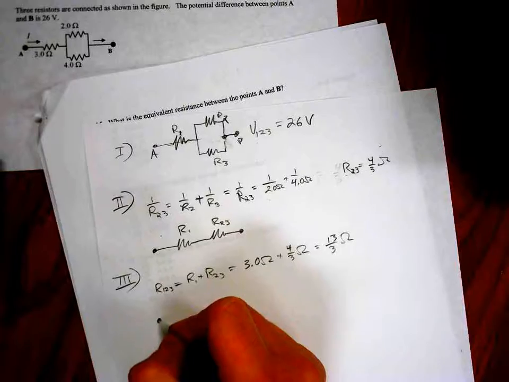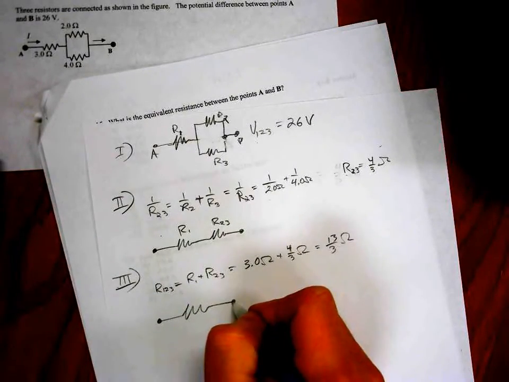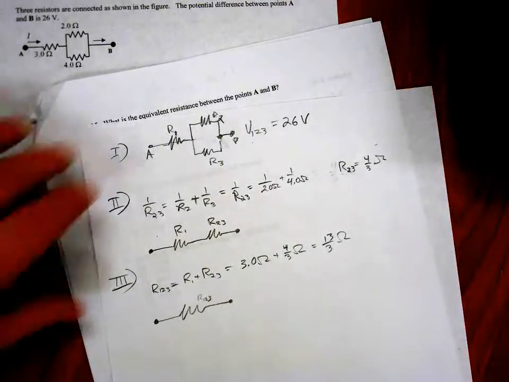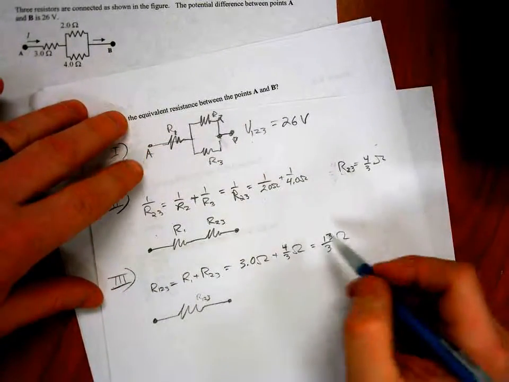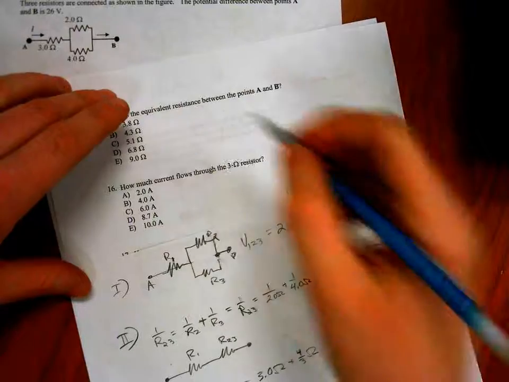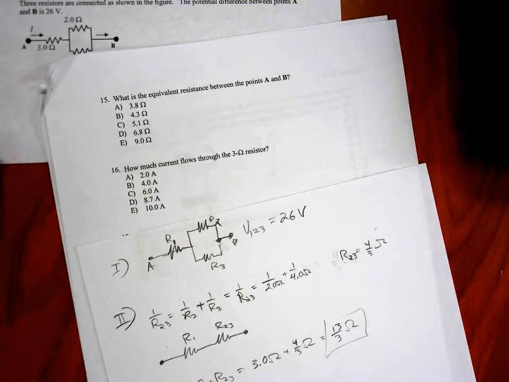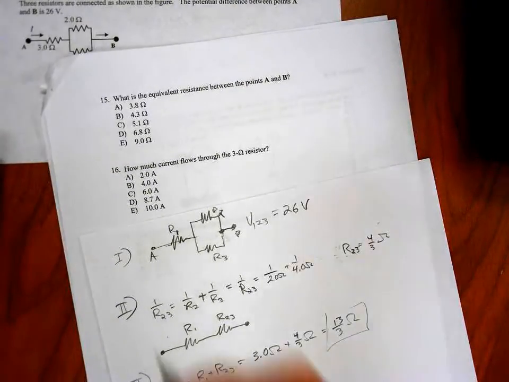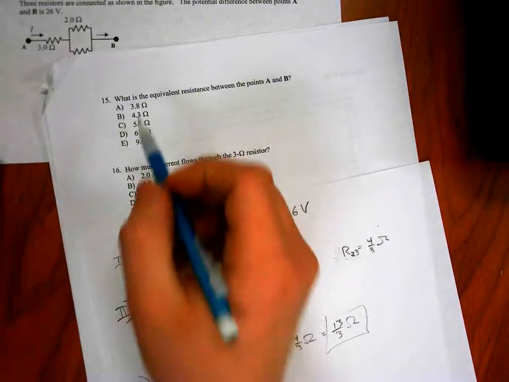And that circuit's going to look like R123. So what is the equivalent resistance? It's going to be about 4.3 ohms.